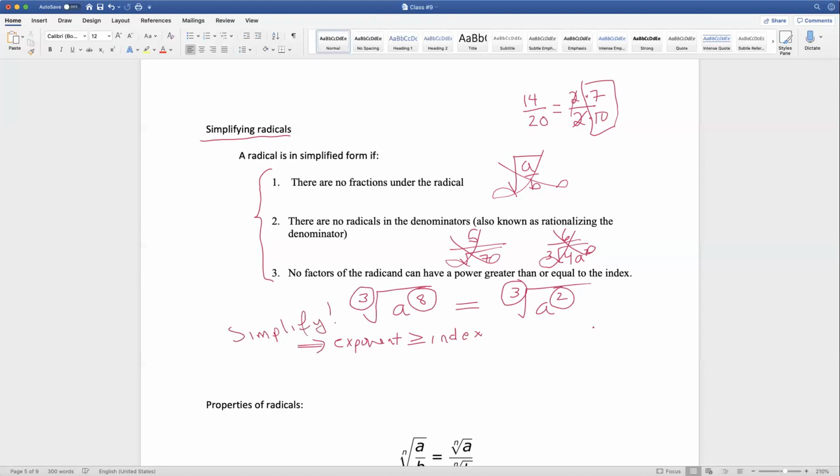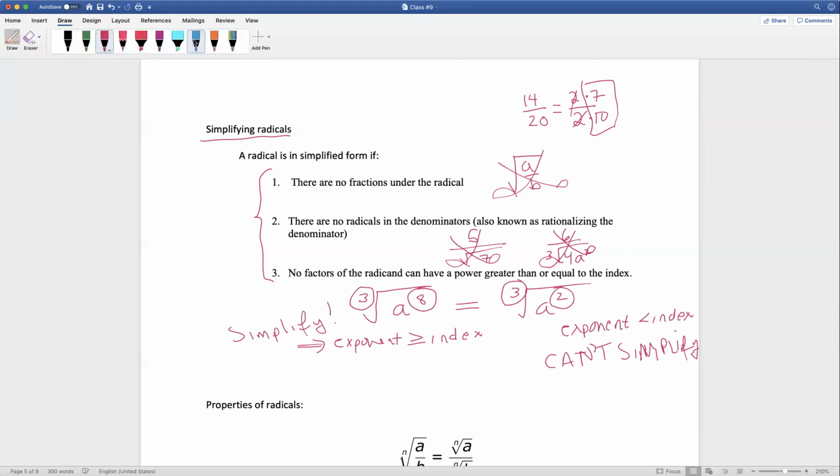If you have an exponent that's smaller than the index, you can't simplify. It's already in simplified form. We're going to talk about specifically what it means for us to simplify it, but understand that, as I said before, this one is not simplified because the exponent is greater than the index.